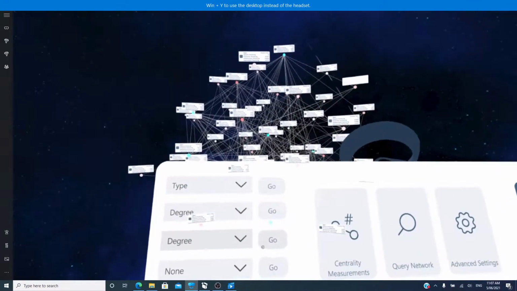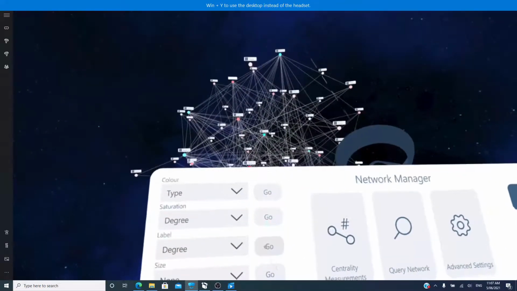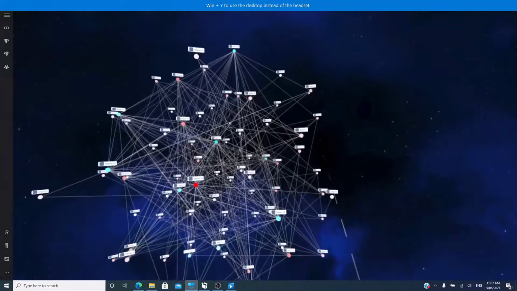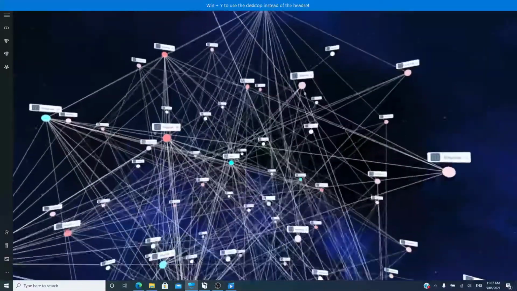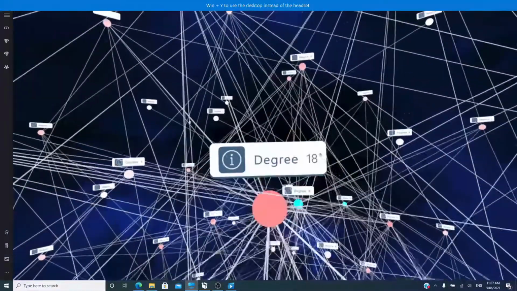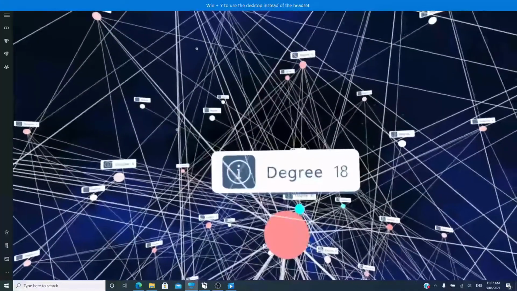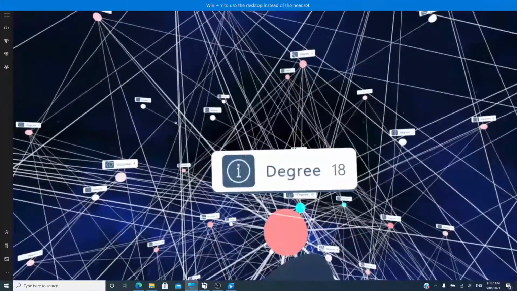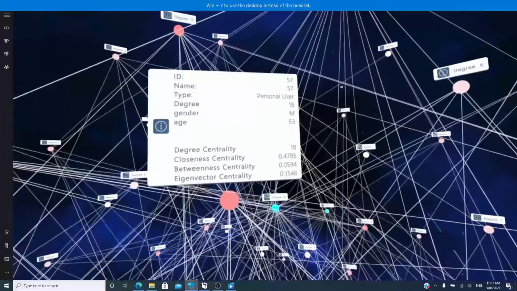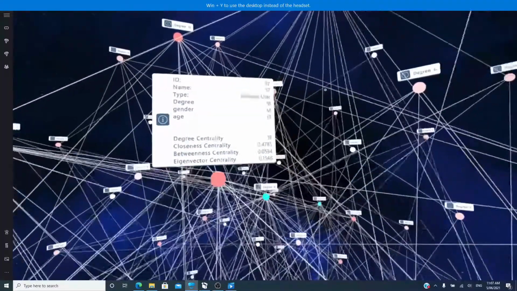If I apply label to degree, which means I only show one attribute, that is degree, on each label, we can fly to it and look at the label. And if you want to look at more information about this node, you can just easily expand it and look at more attributes regarding this node. Great.